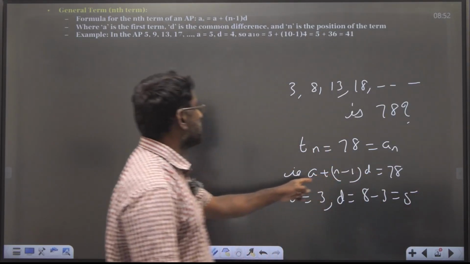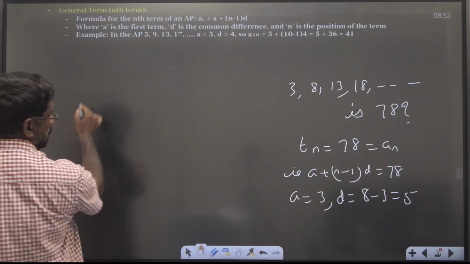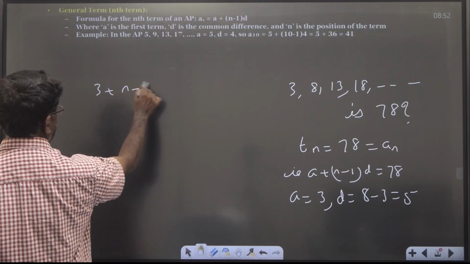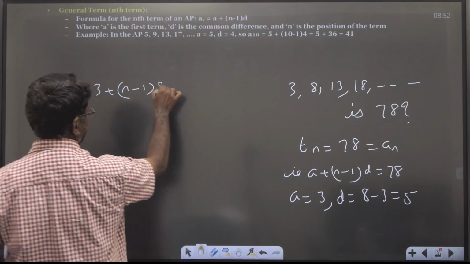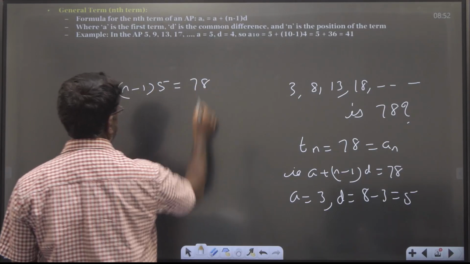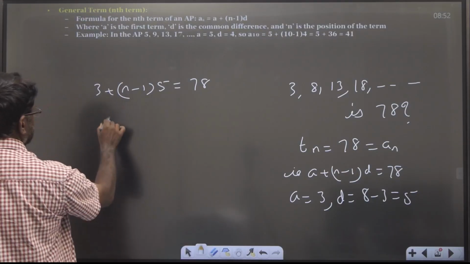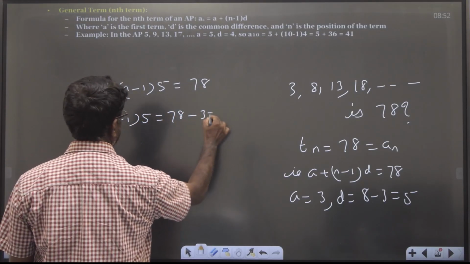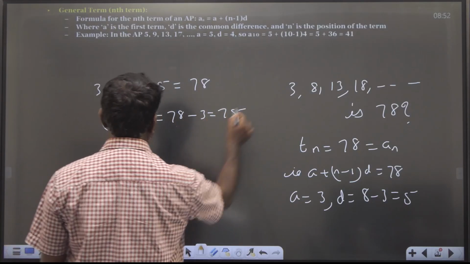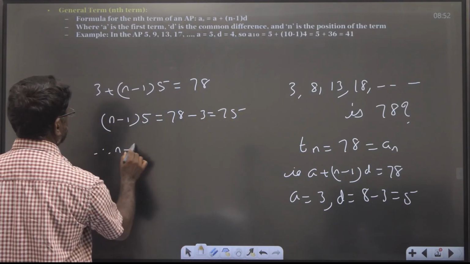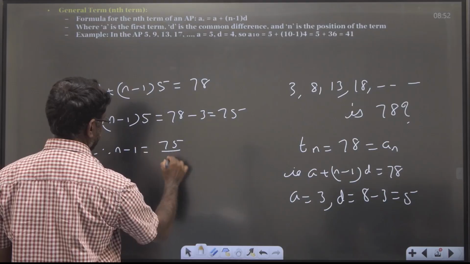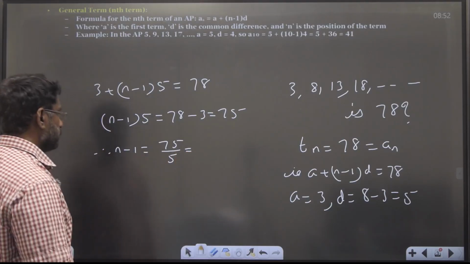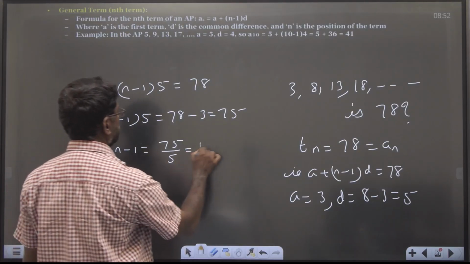You substitute here, you will get n. That is 3 plus (n minus 1) into 5 equal to 78. That is (n minus 1) into 5 equal to 78 minus 3, that is 75. Therefore, n minus 1 equal to 75 by 5, that is 15.